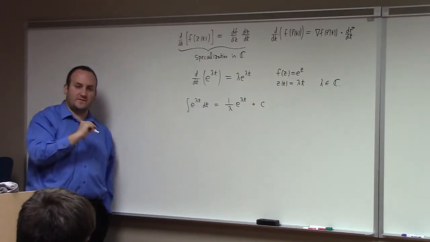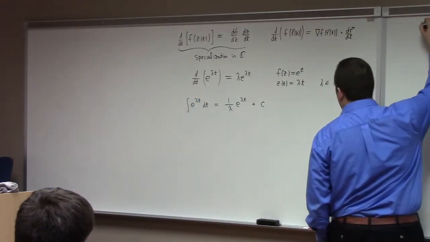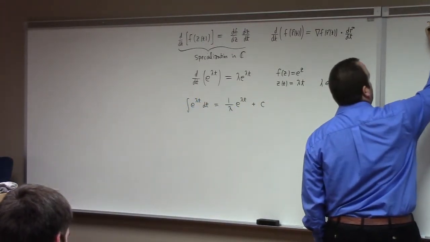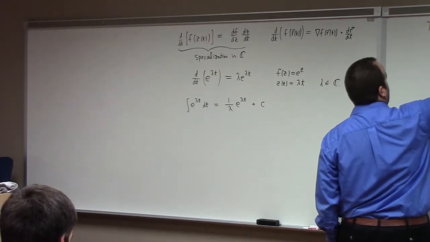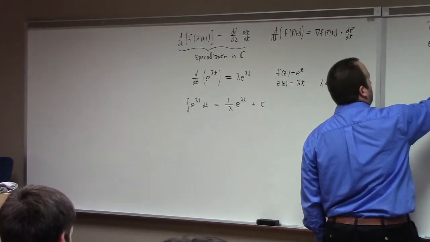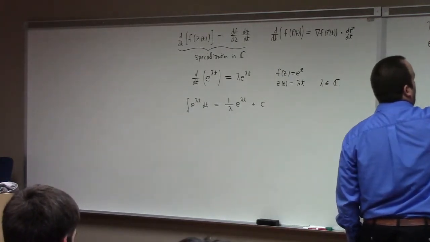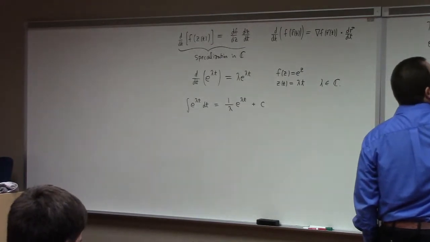But what does this mean? If you unwrap this in terms of its real notation, it's really fantastic. If lambda is equal to alpha plus I beta, where alpha and beta are real, then e to the lambda t is e to the alpha t cosine beta t plus I e to the alpha t sine beta t.